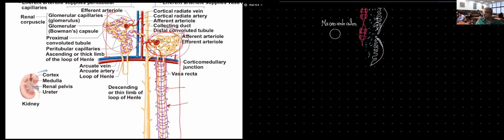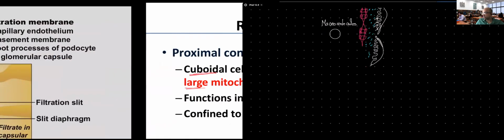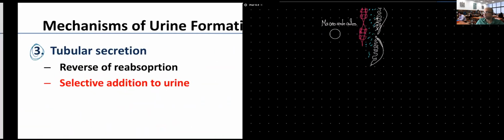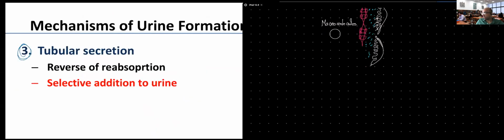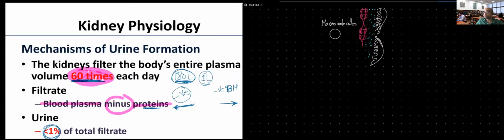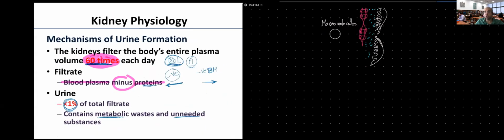If you remember, each drop of the plasma gets filtered how many times? Do you remember? How many times do I filter the plasma per day? How many times do you filter the plasma per day? 60 times.